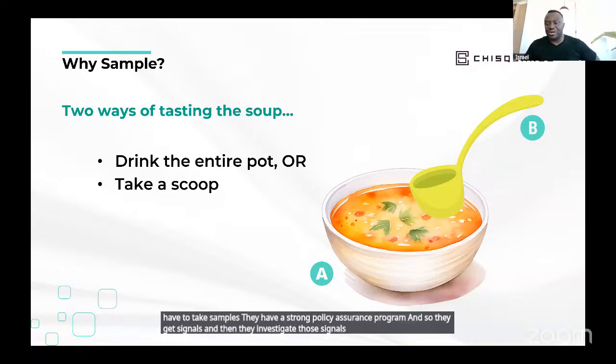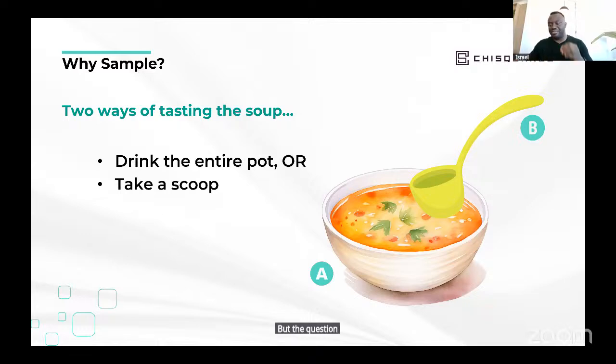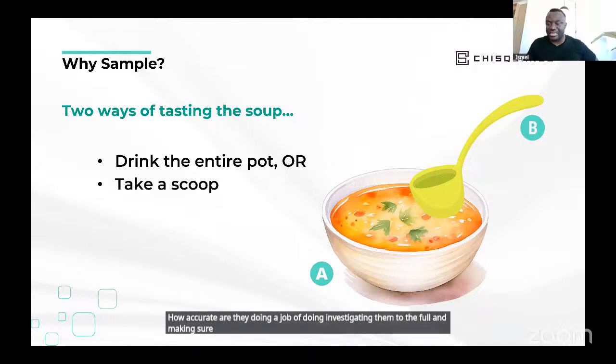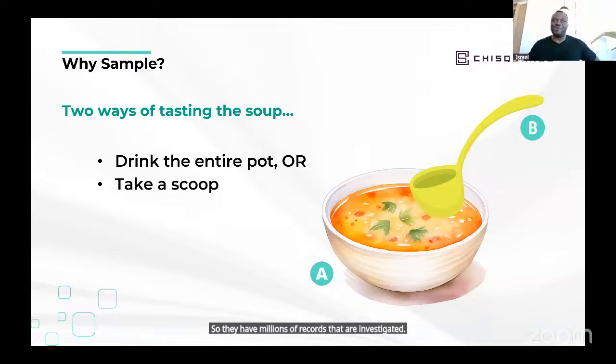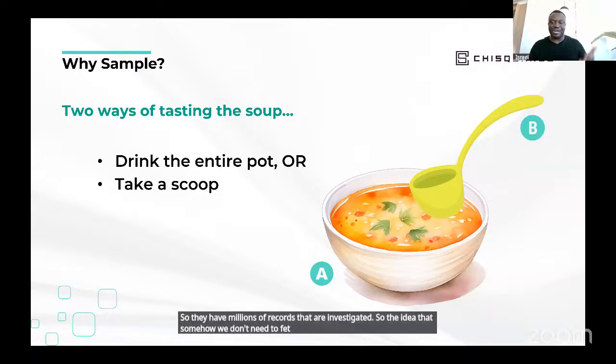But the question was, of the signals that are investigated, how accurate are they at investigating them fully and making sure that they're well conducted? They have millions of records that are investigated. So the idea that we don't need to fetch millions of records before we can answer that question was something that they really struggled to understand.